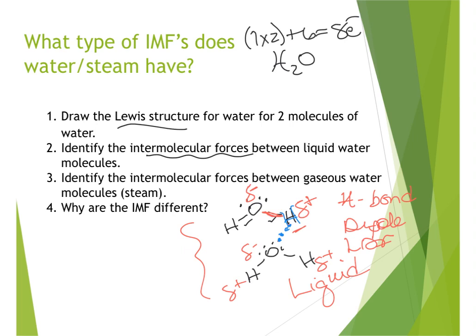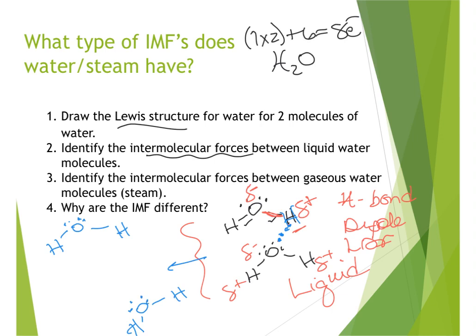Now if you change phases, if you add heat and you make water go to the gaseous state, what's going to happen on a molecular level? Well, they get a lot farther apart, right? You've given the water molecules kinetic energy, enough to disrupt, break away, loosen the intermolecular forces.